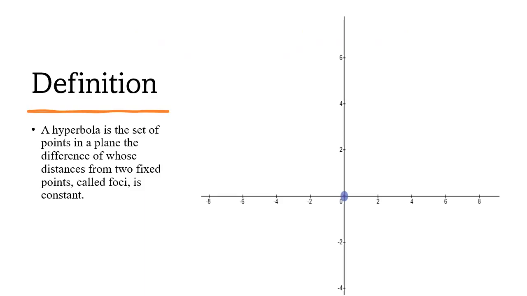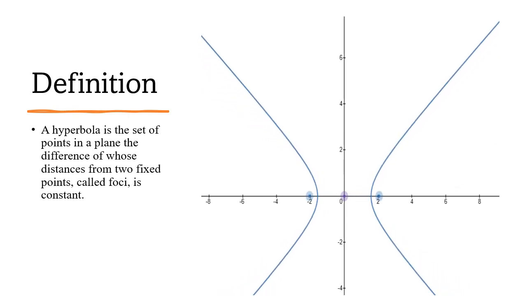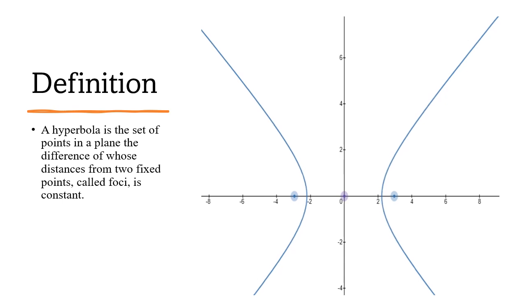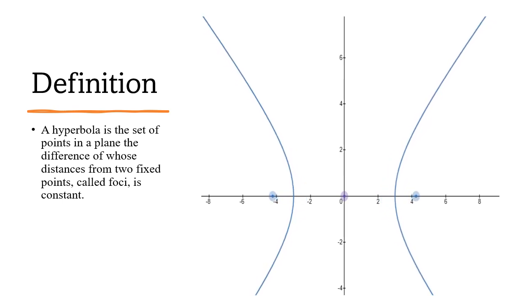A hyperbola is the set of points in a plane, the difference of whose distances from two fixed points called foci is constant.